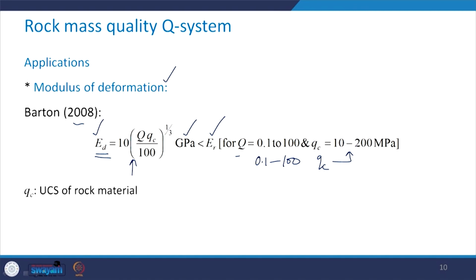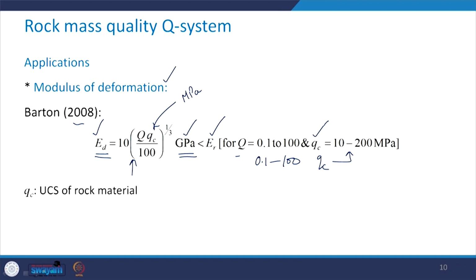Once again I would repeat, when we discuss empirical correlations, you need to be careful about the units of its parameters. Like in this case, this QC should be in MPa, and then only you will get this modulus of deformation in gigapascal, where this QC is the UCS of the rock material.